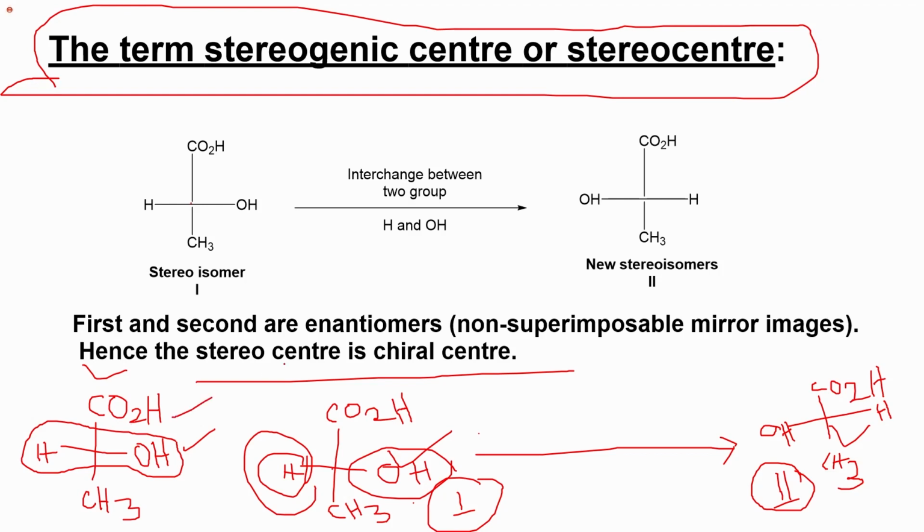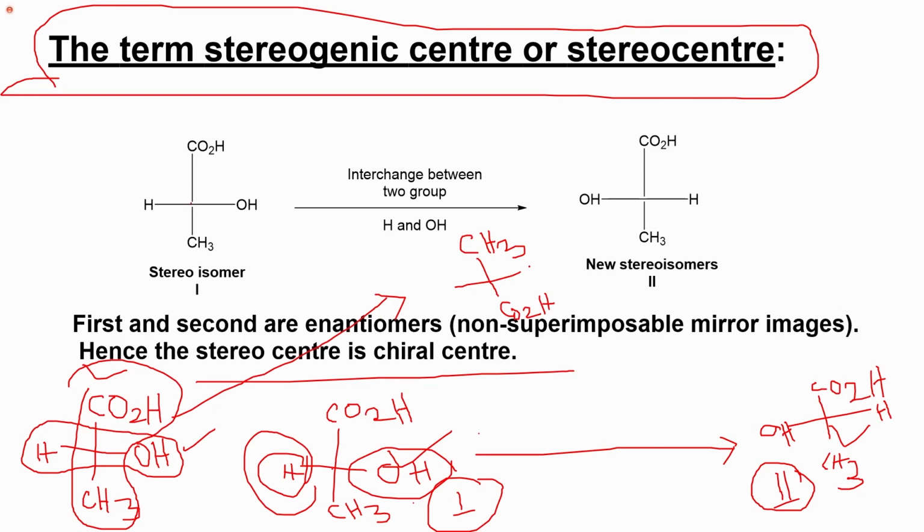How? Let's say we draw another molecule, changing the orientation around the y-axis. Then what will we get? CO2H will go down and CH3 will go above.